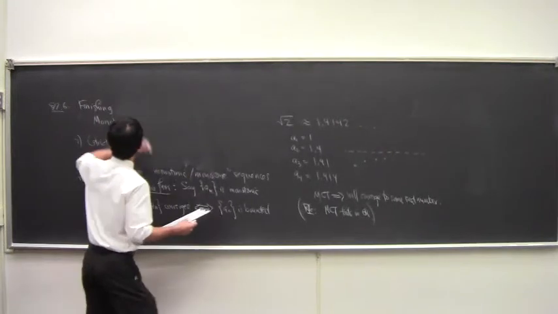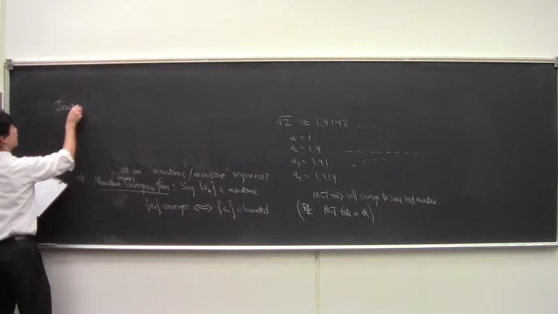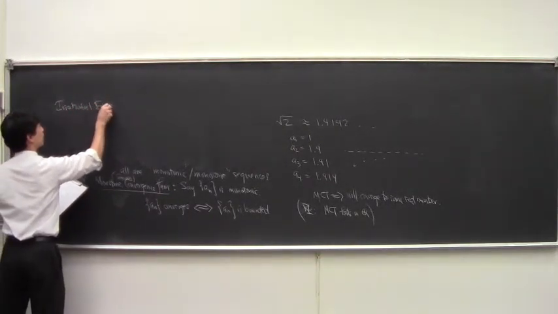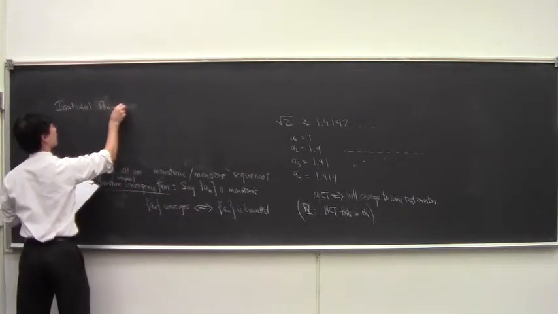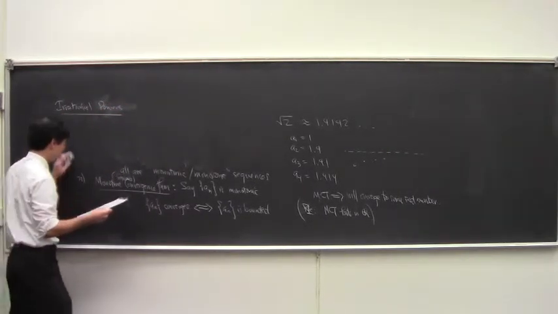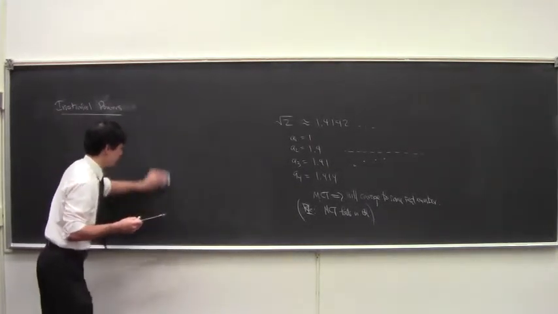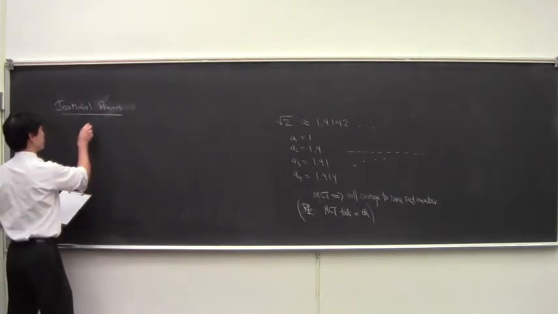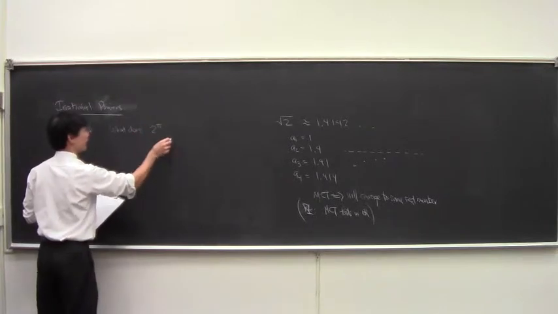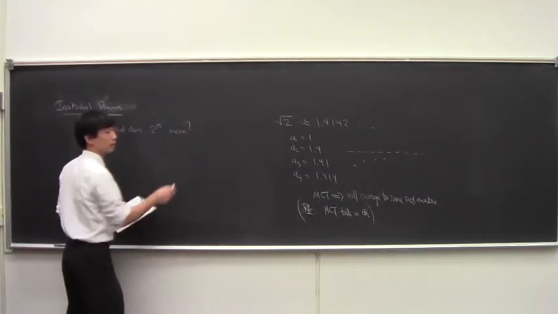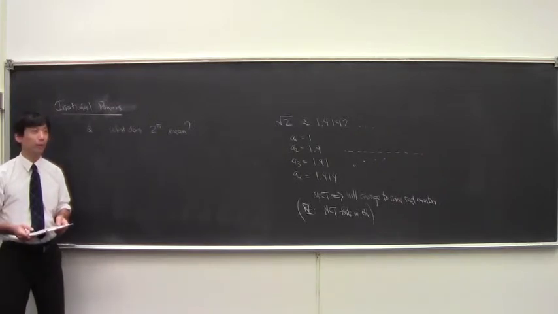Another thing that this will help us with is understanding irrational exponents, or irrational powers. I'll ask you a question: what does 2 to the pi mean? Suppose I take a number and raise it to an irrational power.